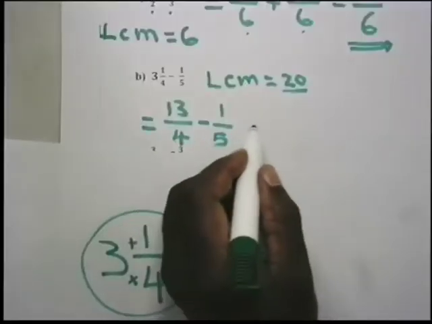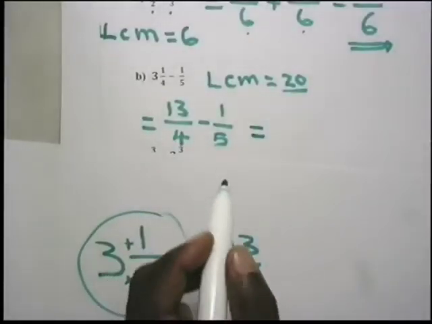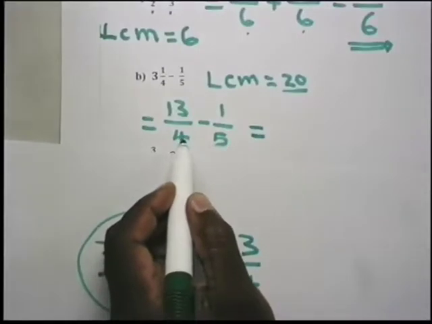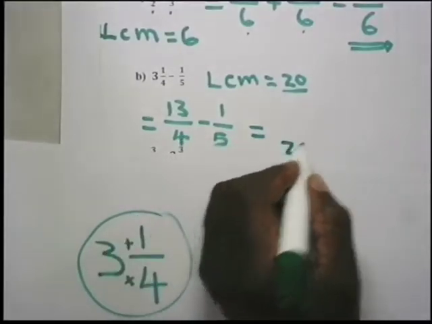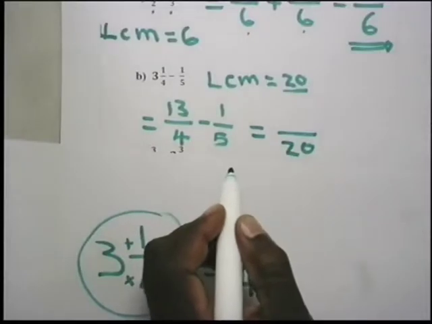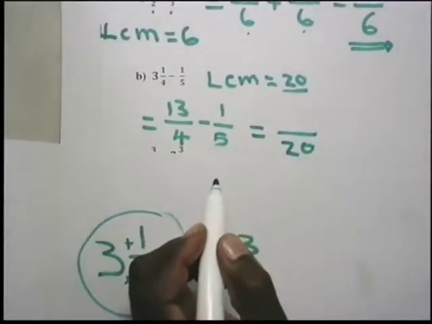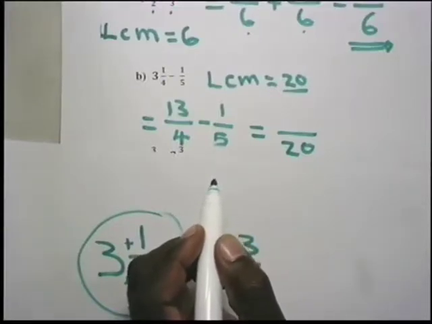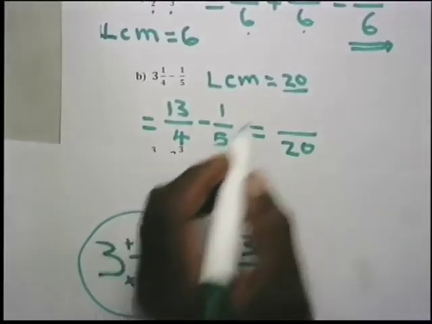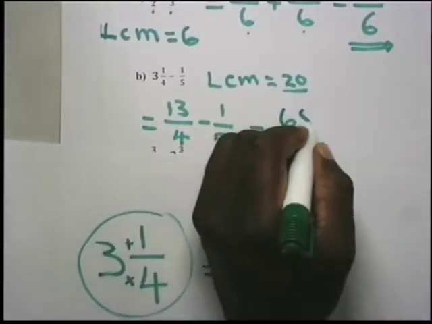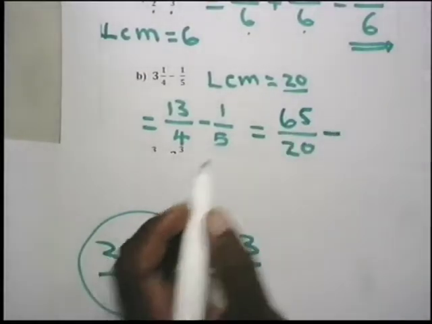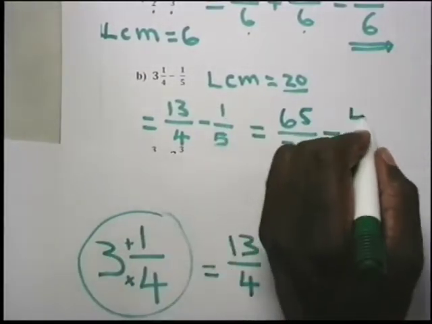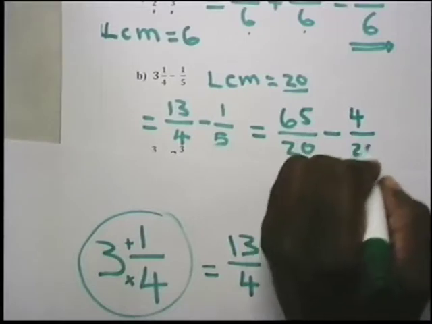So now in terms of 20, we will have the fraction of 4 multiplied by 5 gives us 20. So on top we will have 5 multiplied by 13, and that is 65, minus 4 over 20.